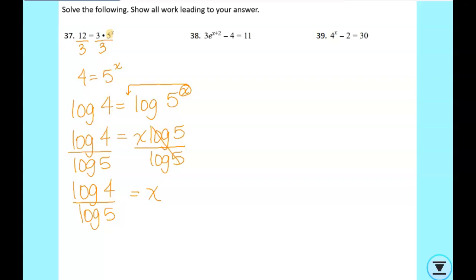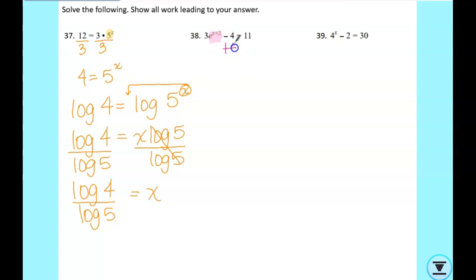And the next one, again, what we're trying to do is isolate the part that has the variable. So we want to get this e to the x plus 2 completely by itself first. So if you think about this as 3x minus 4 equals 11, then it might help you figure out what your first step should be.